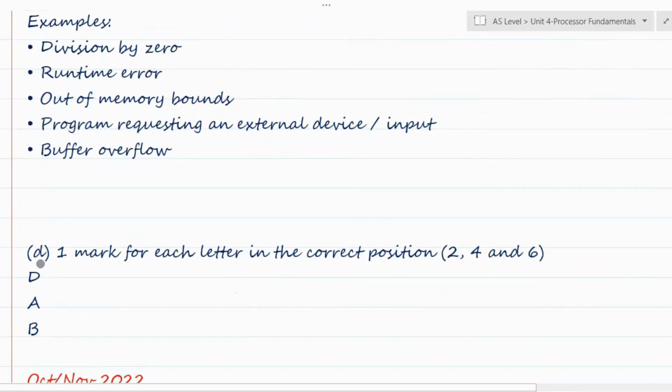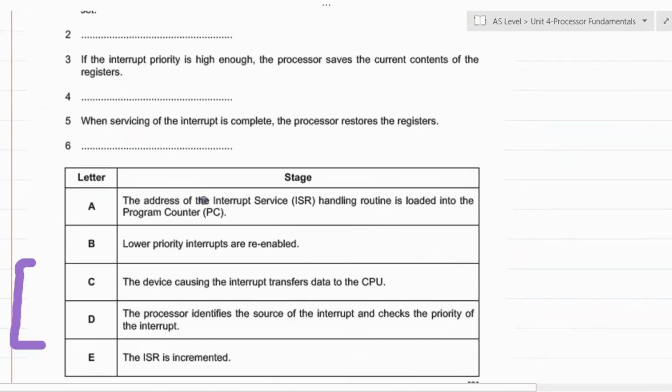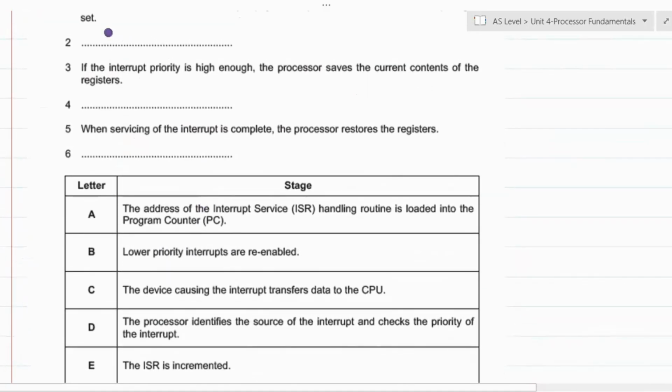So this is the marking scheme: D, A, and B. So if I go up here, D, here A, and here it is B. So D, then A, and then B. Hope you got the right answer.